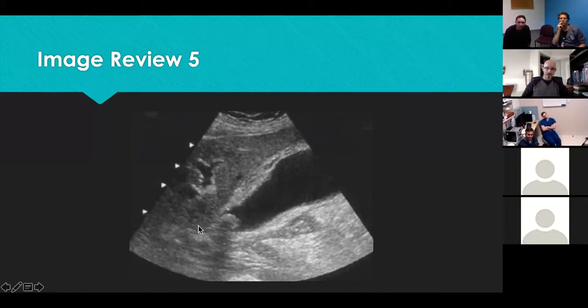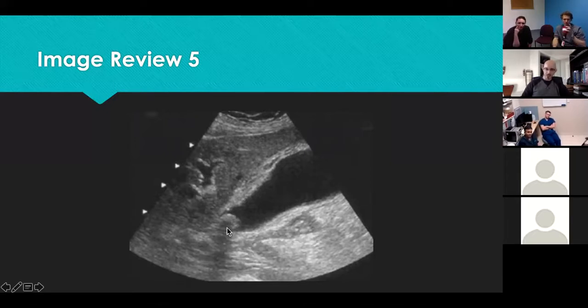Perfect. And that is exactly what I was mentioning in the earlier slides about the dirty shadow versus the clean shadow. If you increase the gain, and you can see that the gain is a bit too much with this very hyperechoic area here, you would see some echogenic material in it.